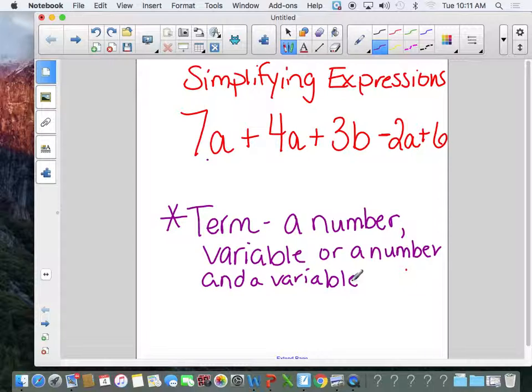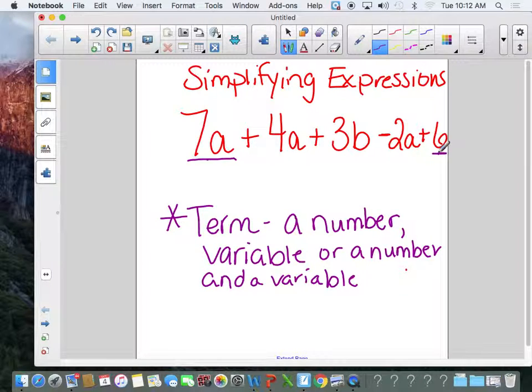So with your pencils, after you finish writing that, we're going to underline what the terms are. We're going to underline them once. So can someone name one term? Audrey, name something up there that's being separated by an addition or subtraction sign. 7A. Okay, 7A. There's our first one. Nick, give me another one. 6.